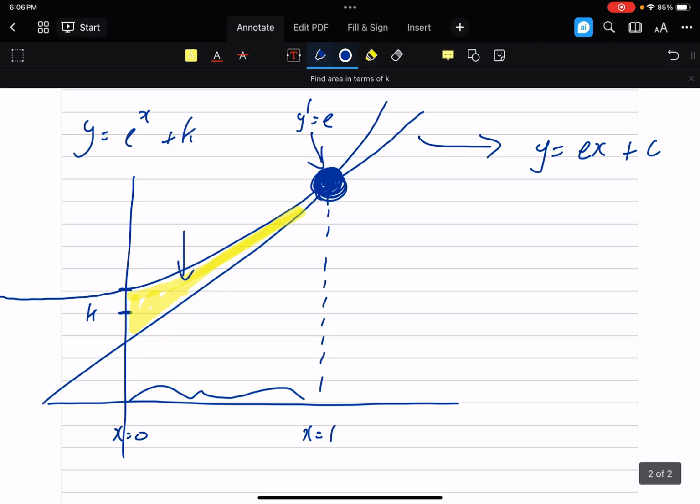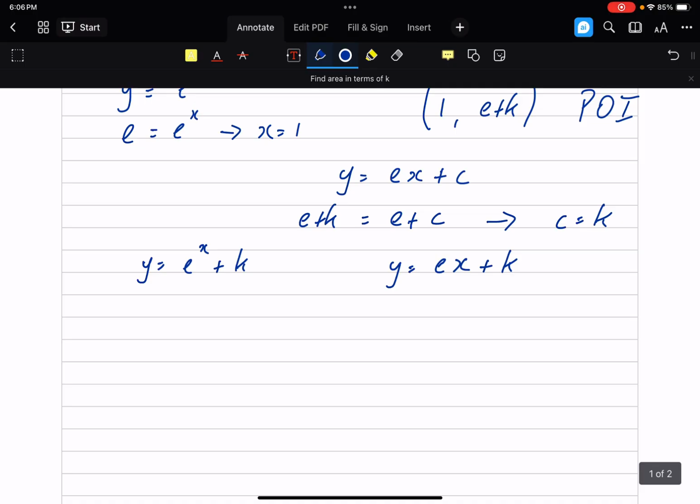Clearly the exponential is on top, so we're going to do area is the integral from 0 to 1. The function on top goes first, and the function on the bottom, we're going to subtract that away, dx.